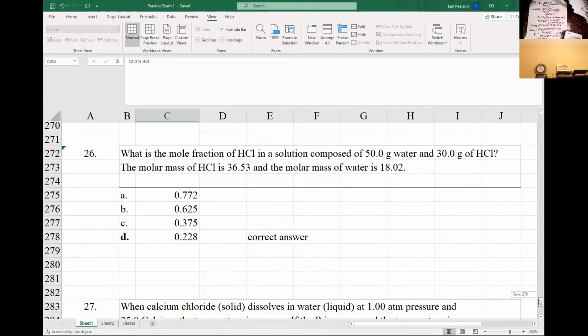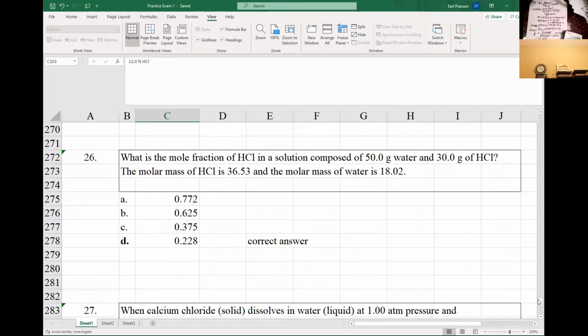What is the mole fraction of a solution composed of 50 grams of water and 30 grams of HCl? This is one that's kind of straightforward, plug and chug from the definition. So number 26, the mole fraction of HCl is equal to moles of HCl divided by moles of HCl plus moles of water.